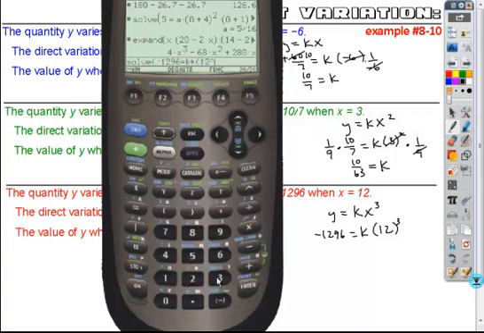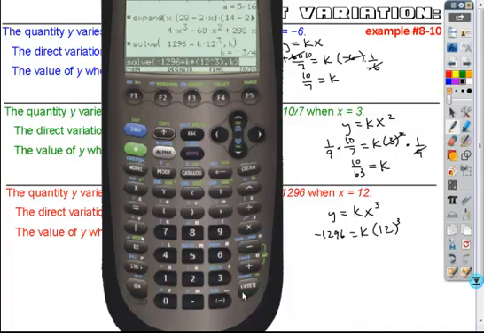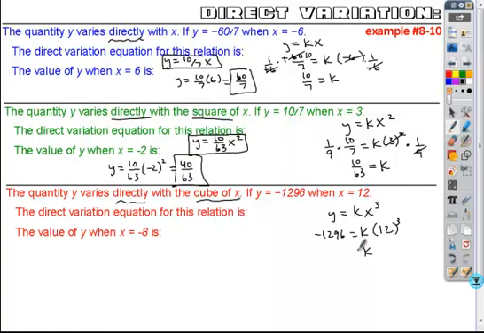So k times 12 cubed, and I'm solving for k. Close that off, and I get my answer, -3/4. So there's my k value. I can write my equation, y equals -3/4 x cubed.